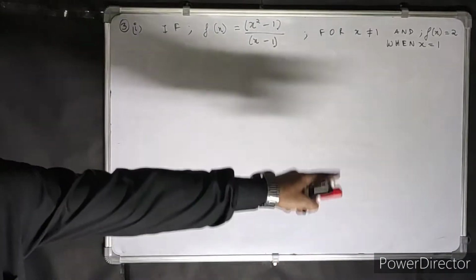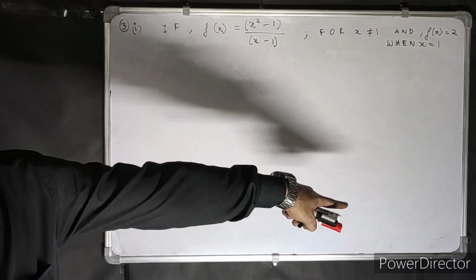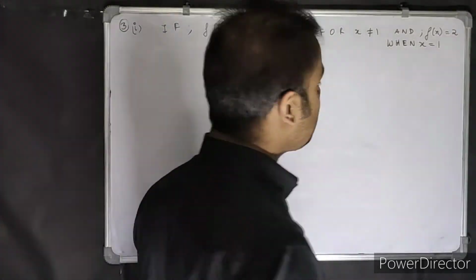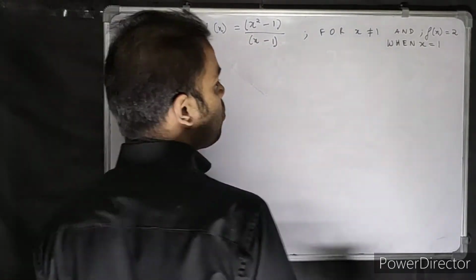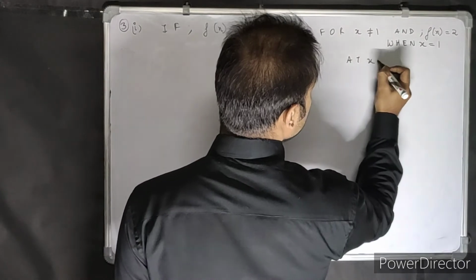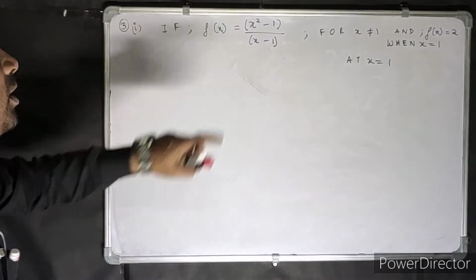So when x is equal to 1, then f of x is 2. Then show that the function is continuous at x equal to 1. So at x equal to 1, we have to check the continuity for this function.